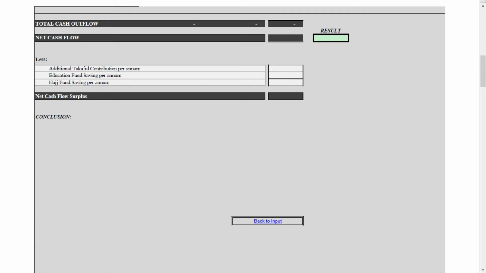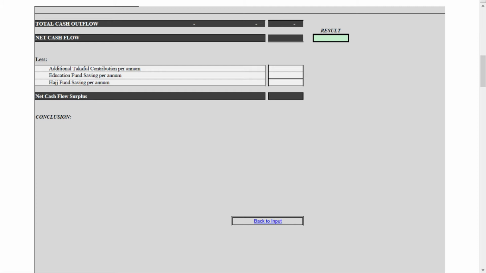Only if there is a surplus, it can be used to finance additional takaful coverage, education fund for children, and also Hajj fund. Otherwise, the recommendation is whether the client needs to reduce their expenses or increase income to get a surplus in the net cash flow.